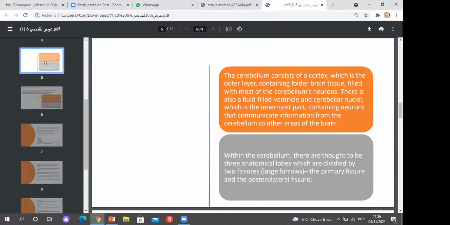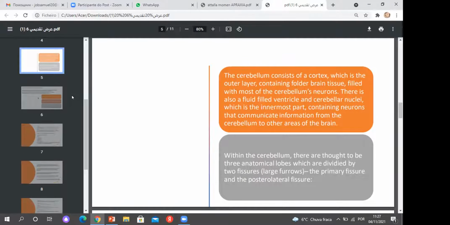The cerebellum consists of a cortex, which is the outer layer containing folded brain tissue filled with most of the cerebellum's neurons. There is also a fluid-filled ventricle and cerebellar nuclei, which is the innermost part containing neurons that communicate information from the cerebellum to other areas of the brain.